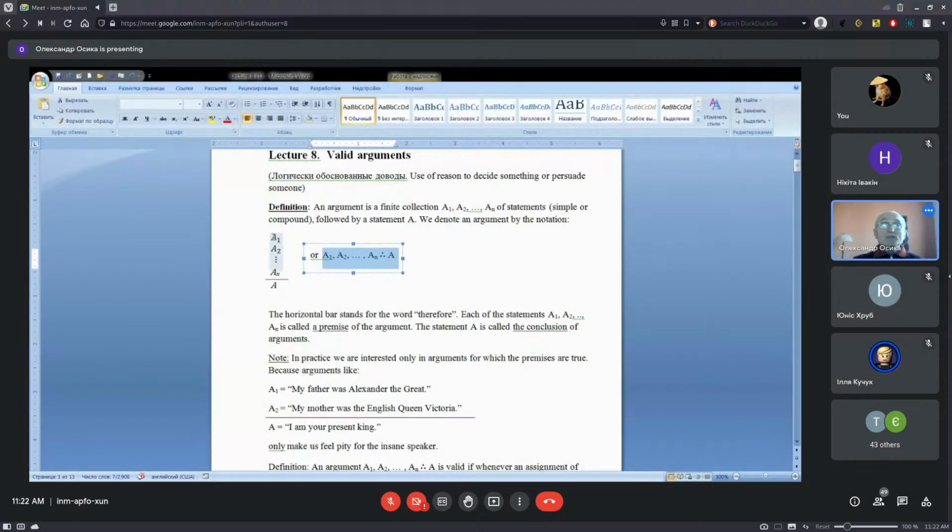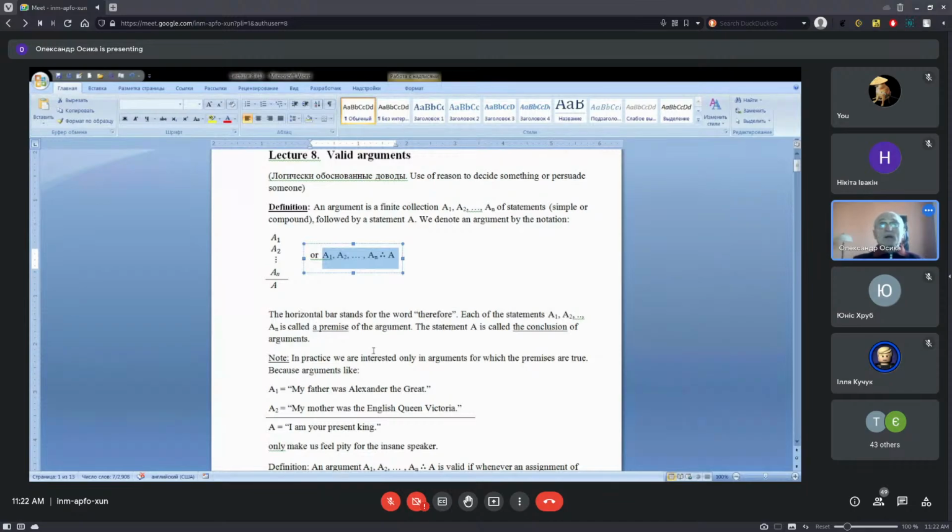If the statement A sub 1 is long, then it is better to write it in a separate line, A2 in a separate line, A n in a separate line, and what follows is under the horizontal bar. The horizontal bar stands for the word therefore, that is why, so, or hence.